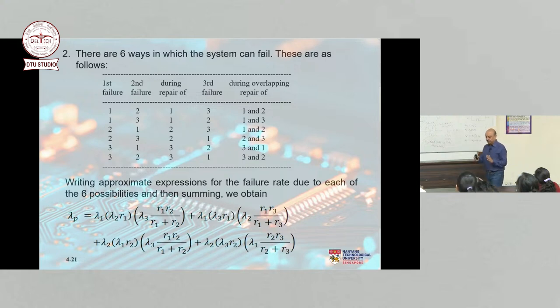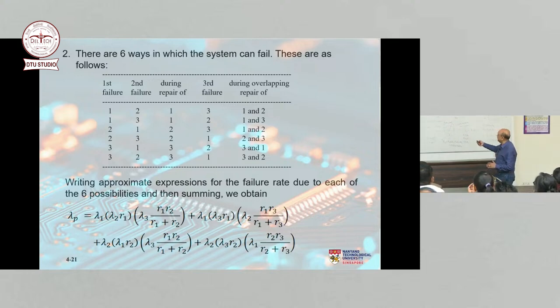So in other words, component 1 is operating and it has failed, and then component 2 has failed while you are trying to repair component 1. And then the third failure happens. The third component fails while you are trying to repair 1 and 2. We call this overlapping repair, meaning that there is an overlap in time. It doesn't matter if at the same time, but while you were repairing 1, 2 also failed. So now you are repairing 1 and 2, and there is an overlap between the 2.